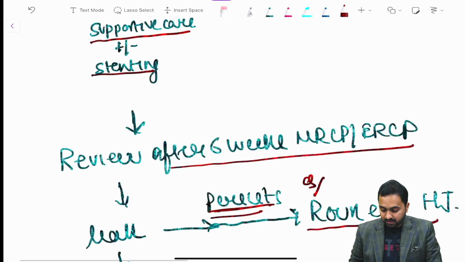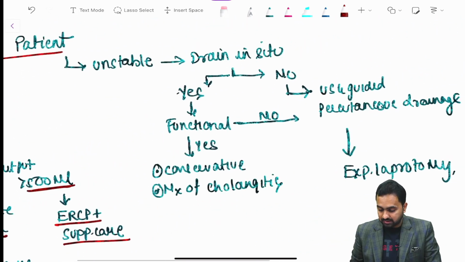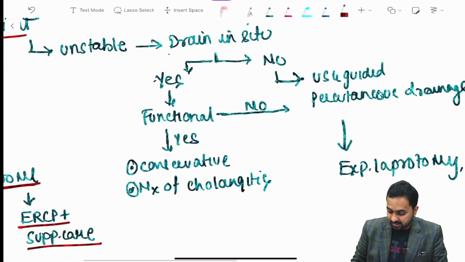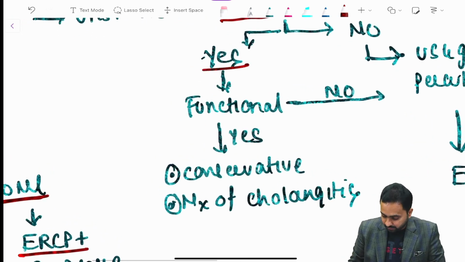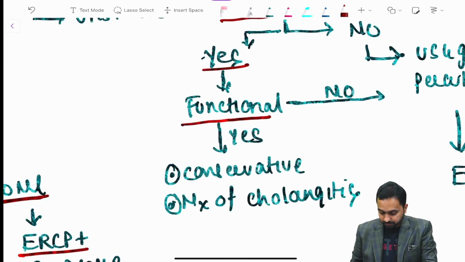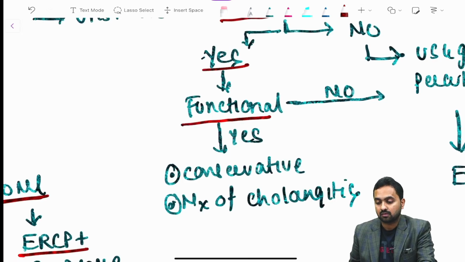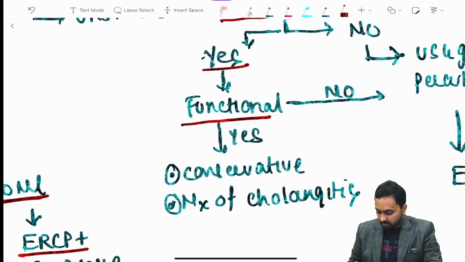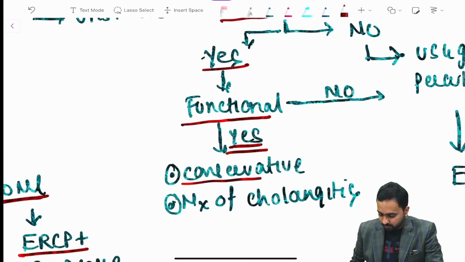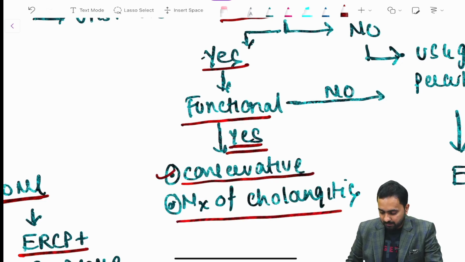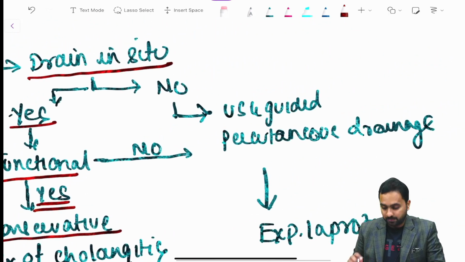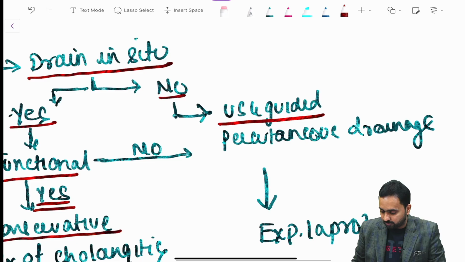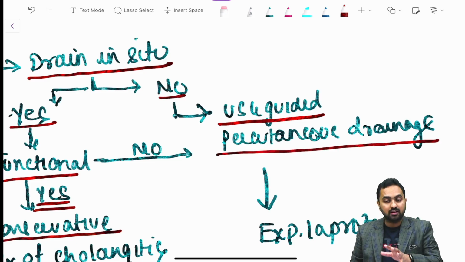Now, what if your patient is unstable? Then we check whether there is a drain in situ or not. If there is a drain in situ, then we go for a functional assessment of the drain. If it is functional, then we go for conservative management and manage the cholangitis if the patient suffers from it. If the drain is not present, then we go for a USG guided percutaneous drainage.